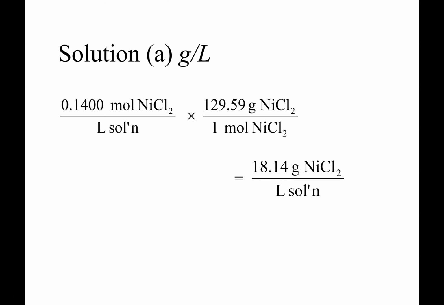You're looking at 18.14 grams of NiCl2 per liter of solution. And I might rewrite it as g/L. So 18.14 g/L NiCl2, just because I can, and it's the same thing.